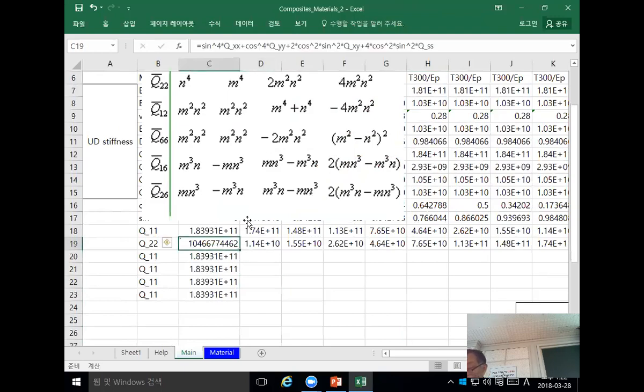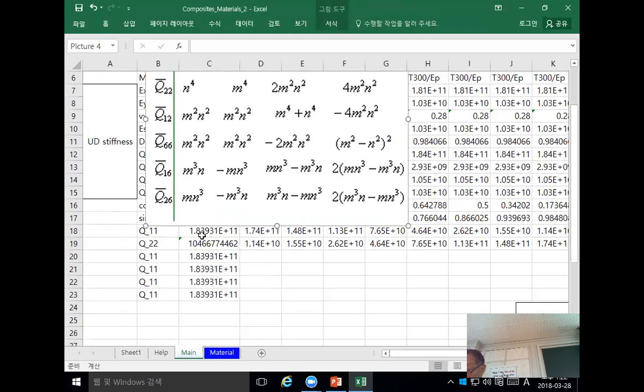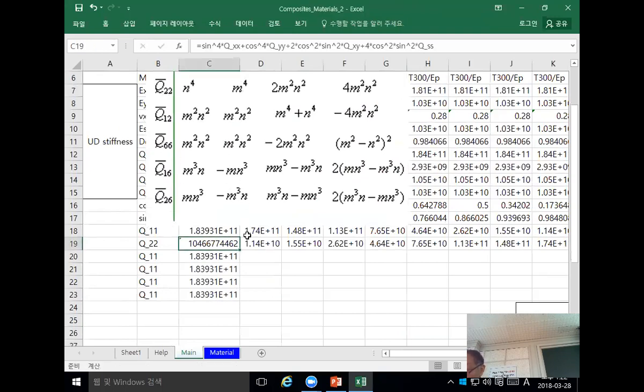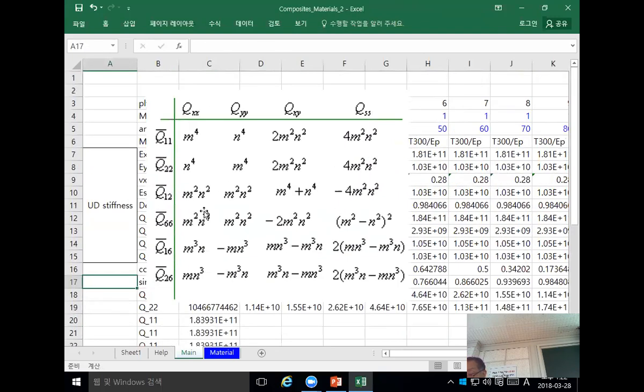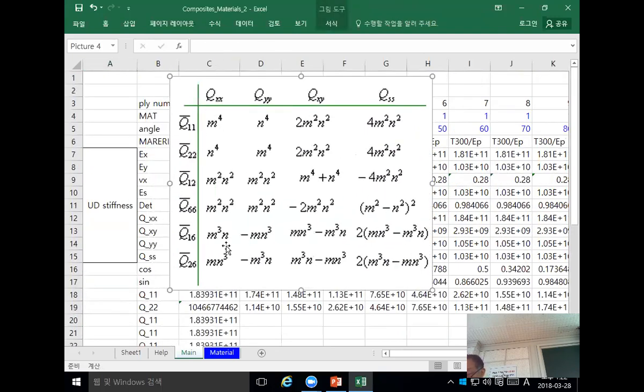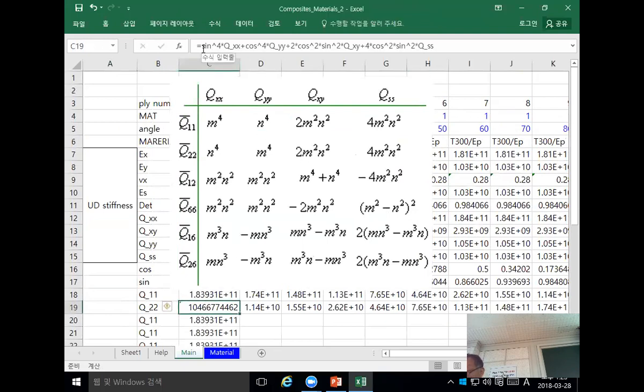So here Q22, as you can see, is sine fourth order. Here n is a sine, and cosine 4 times, I mean, a fourth order, and Q11, and so on and so on.